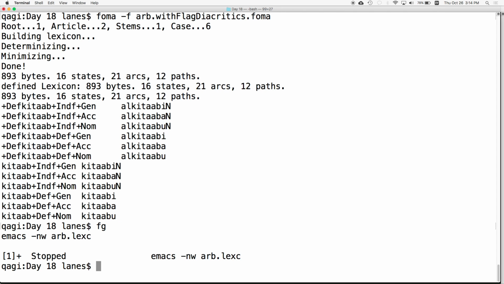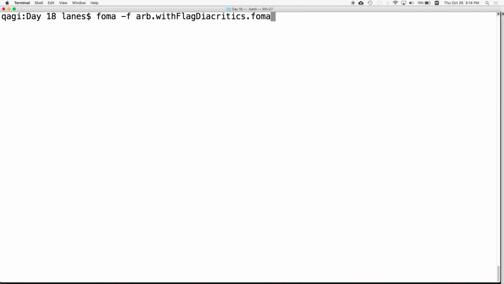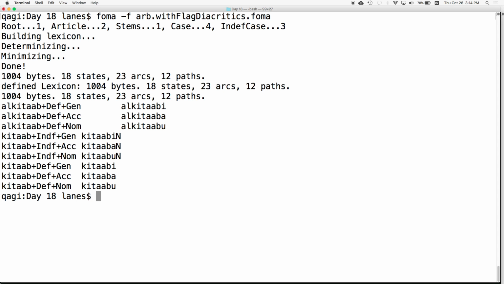There we go. So I read in the lexc file without the flag diacritics, and we got the incorrect cases that we didn't want. Now if I run it again, now we don't. So this looks much nicer.